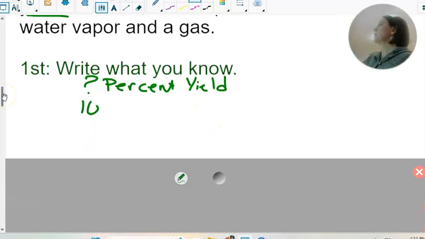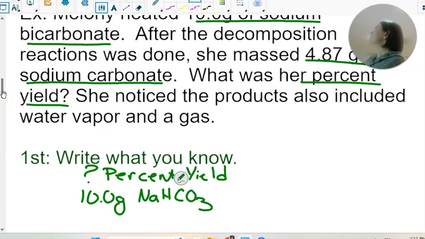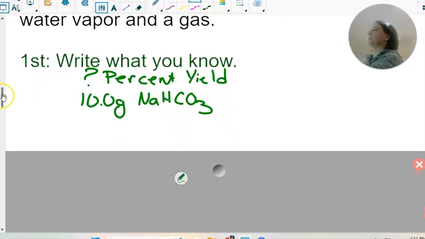So we have 10.0 grams, and then you're going to have to come up with the formula of sodium bicarbonate. If you did sodium and then our bicarbonate ion, NaHCO3, good job. And then we have 4.87 grams of sodium carbonate.